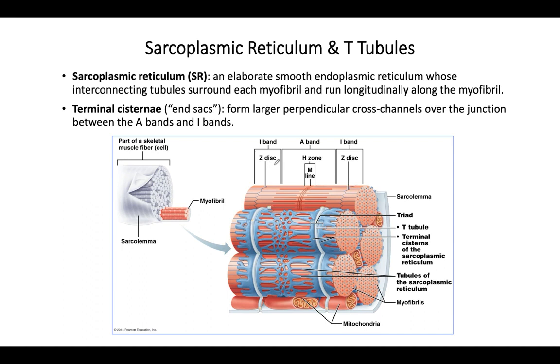Sarcoplasmic reticulum is like the sleeve of a loosely woven sweater that surrounds your arm. In this figure, the blue color indicates the sarcoplasmic reticulum, the loosely woven sweater. It is an elaborate smooth endoplasmic reticulum whose interconnecting tubules surround each myofibril and run longitudinally along the myofibril.